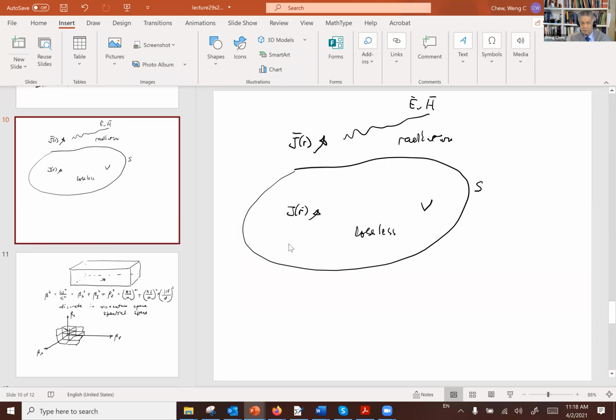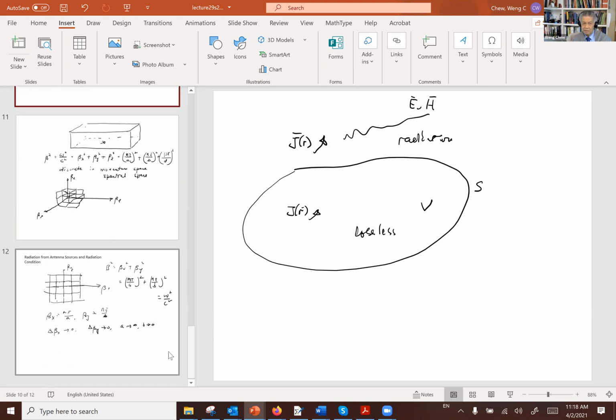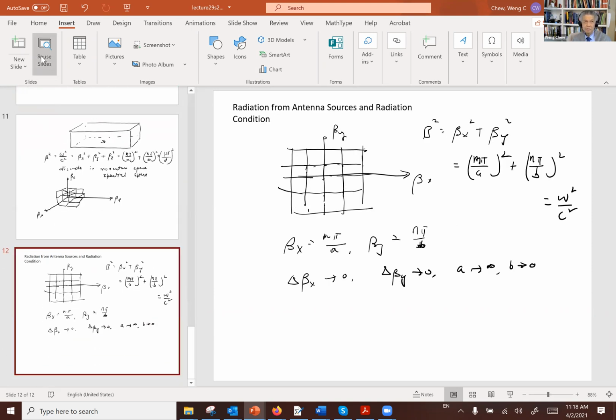So what happens is that to make uniqueness happen in the antenna radiation problem, you have to think of solving this problem with an infinitesimal amount of loss. But that is actually equivalent to saying that, let me put in a new slide.